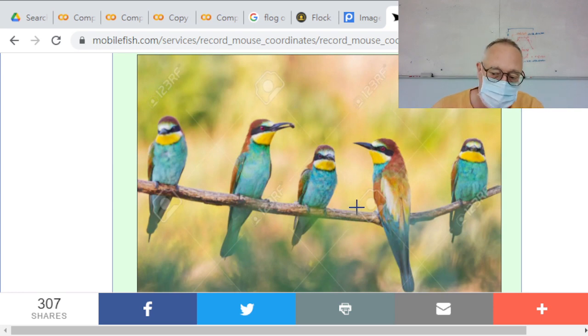So you can use the same tool here, this mobile fish website, and just record the coordinates for the yellow instead of the blue. Or actually, since you suggested the yellow, I'll also take the yellow. Now, if I just click on a particular pixel, then I get an RGB value, but of course that value is not going to be the same for every yellow pixel in that image, right?